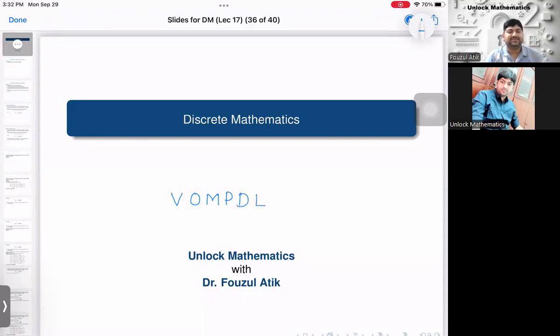I have written VOMPDL. Can you recognize what I have written? Then I'll come back to the applications of modular arithmetic. You can pause your video and try to identify it. It's very interesting, just for fun. If you have done it, pause the video, think, and then come back.